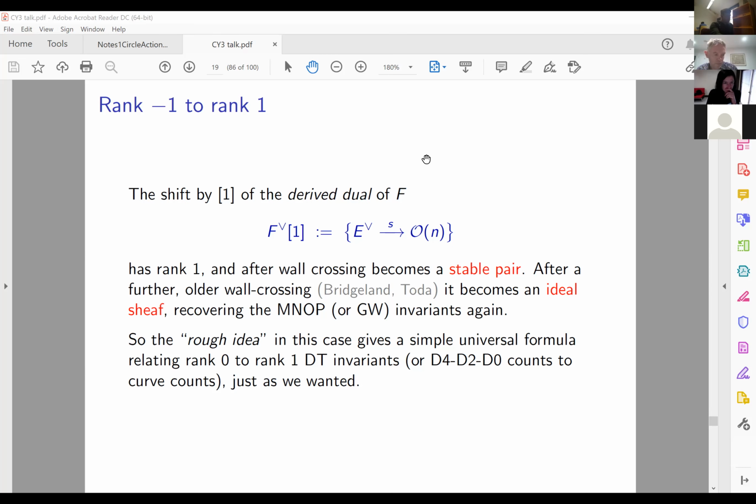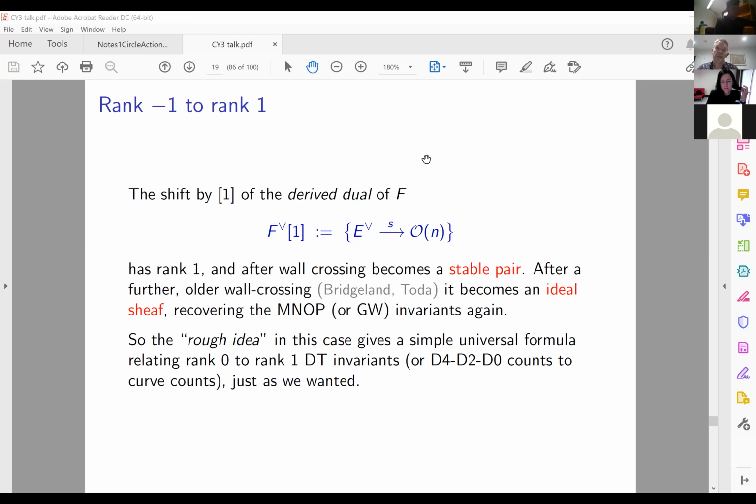So, in rank 1, these ideal sheaves are more or less the same as points of the Quot scheme. So you can say they're the same as a rank 0 sheaf with a section. Yeah.